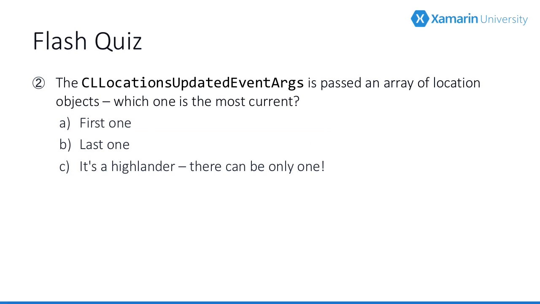Okay, question 2. The CL location's updated event args is passed an array of location objects. Which one is the most current? The first one, the last one, or it's a Highlander, there can be only one? And for that one, it is the last one.